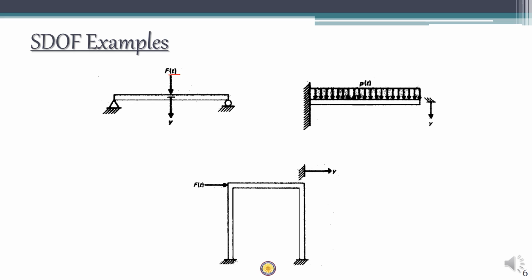Similarly, here we have a cantilever and we consider only the vertical motion in the y direction, which is also a single degree of freedom. In this portal frame, we analyze only the motion in the horizontal direction, caused by a dynamic load F(t). Clear?